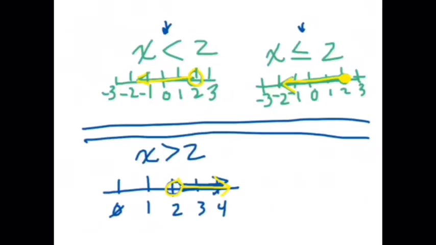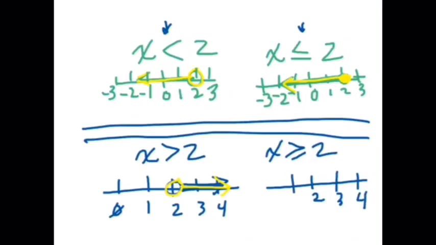And the last possibility, as far as our inequality signs, would be this. I bet you can guess, actually. X is greater than or equal to 2. And we'll do the exact same thing. There's only going to be one difference, and I bet you figured out what that is already. So we'll put 2, 3, 4, 1, and 0.